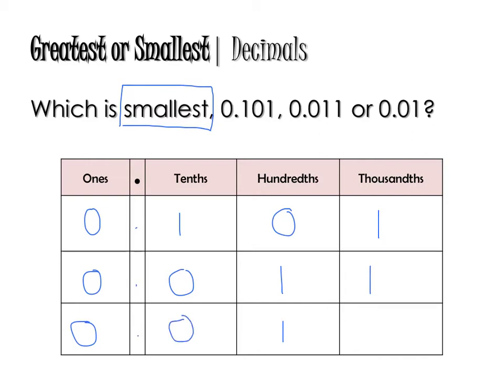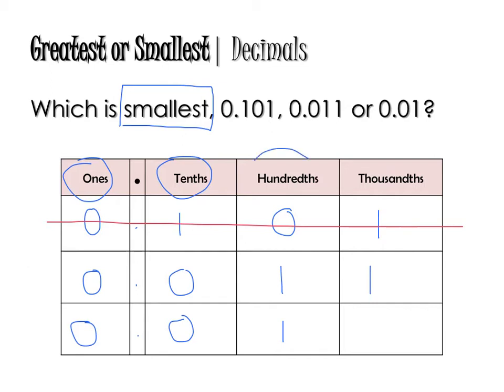We start with our ones place: 0, 0, 0, so no comparison, we move on. Let's look at our tenths place. This is 1, 0, 0. So this 1 is bigger than the 2 zeros. So this is out. This is not the smallest, this is actually the biggest. So I'm left with 0.011 and 0.01.